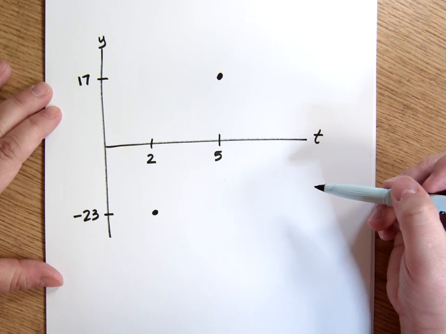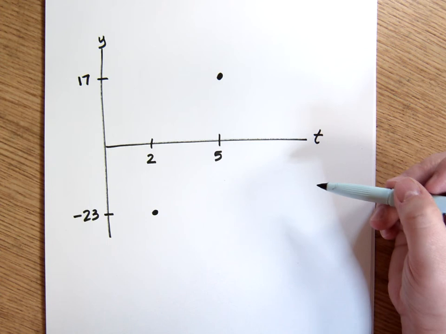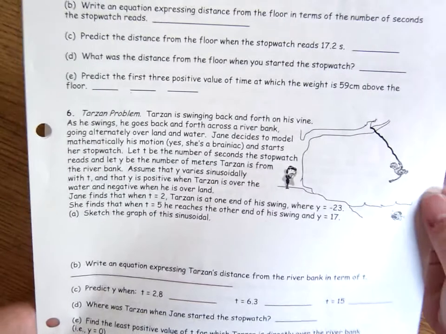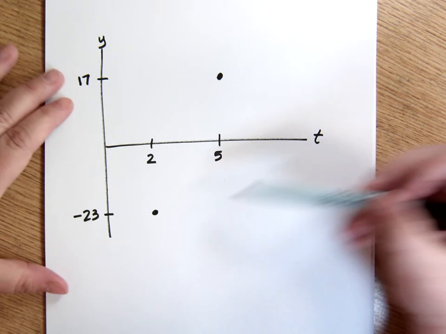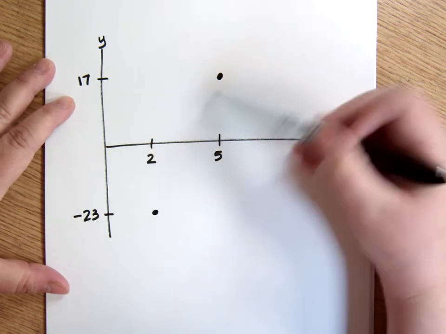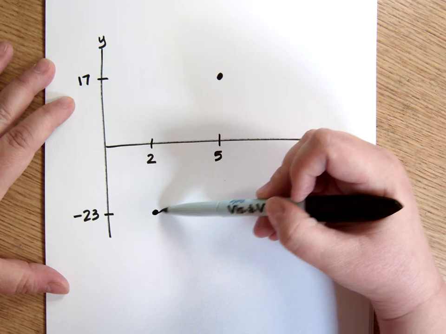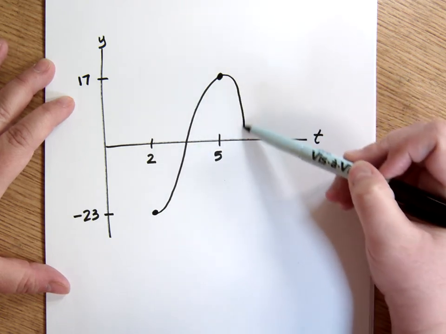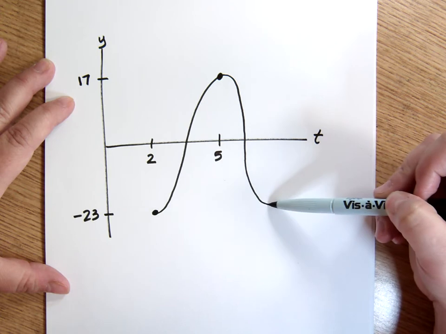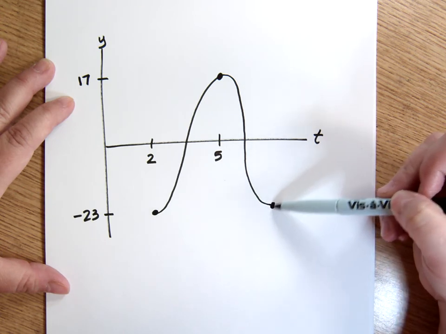Sketch the graph of this sinusoidal. So that's the first thing we're being asked to do, which is what we're doing. Okay. So this is the bottom, this is the top, and we know that sinusoids just go back and forth between those. Now if we're only going to do one cycle, I started at the bottom. When I get back to the bottom, that's it.